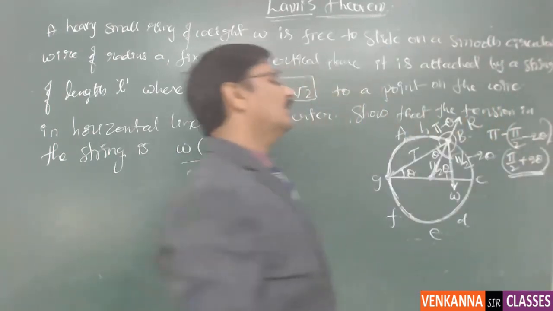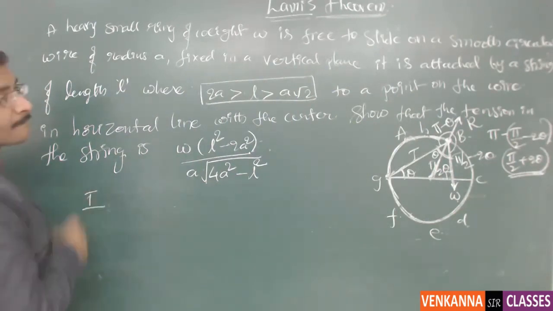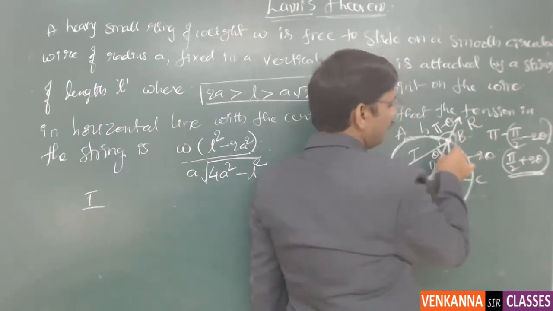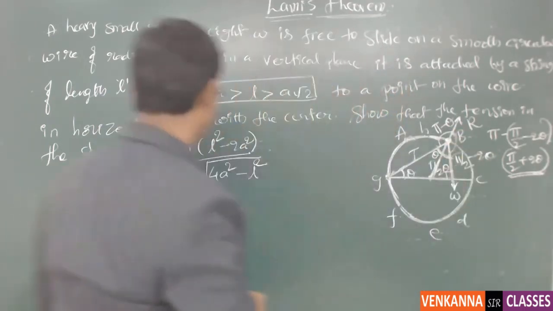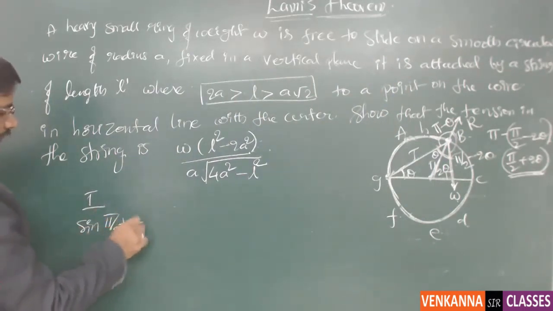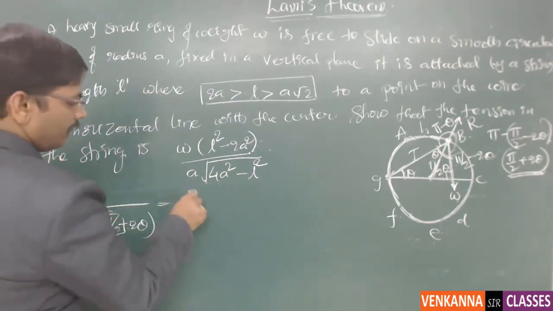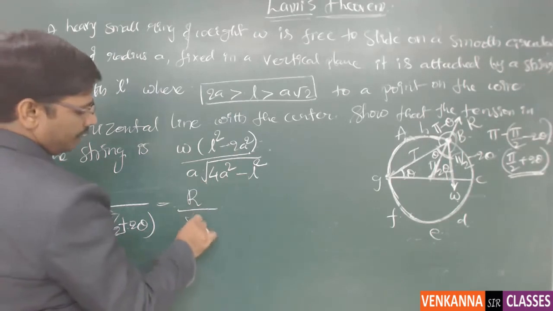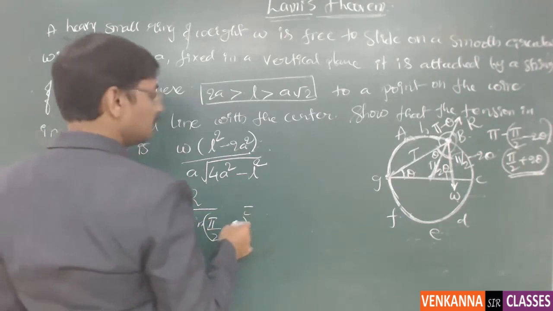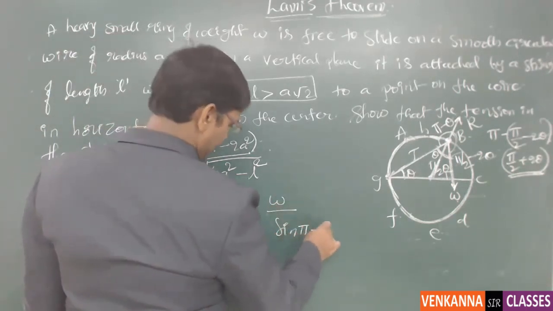Once you have all three angles, now you can apply Lami's theorem. Lami's theorem states that T by sine of its opposite angle, which is pi by 2 plus 2 theta, is equal to R by sine of pi by 2 minus theta, is equal to W by sine of pi minus theta.